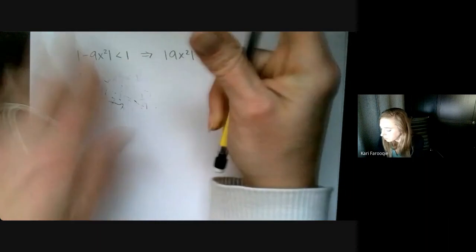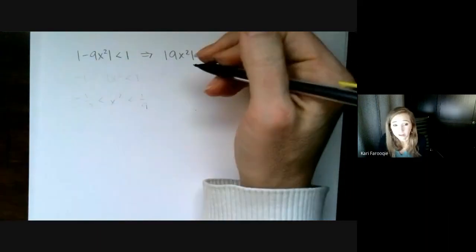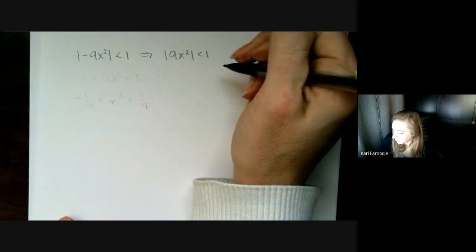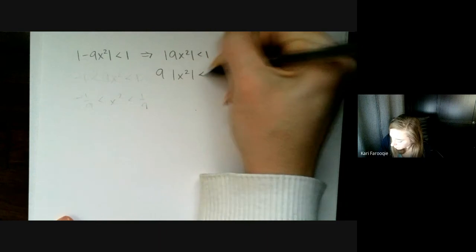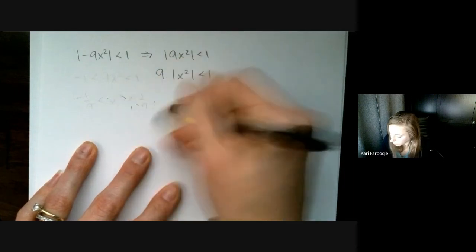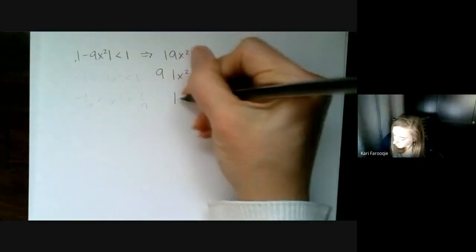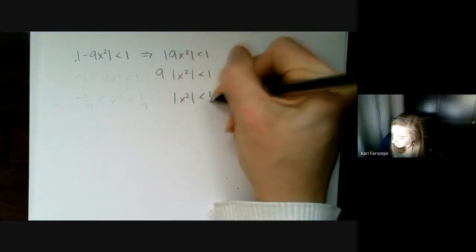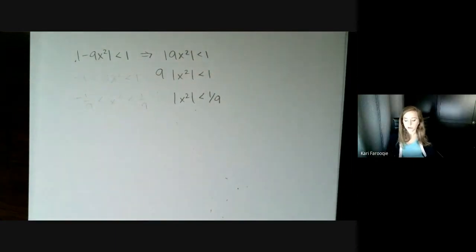Because it is squared, we don't want to lose this. You can take the 9 out. And then we can say, do it this way, that your x squared inside your absolute value bars has to be less than 1/9.